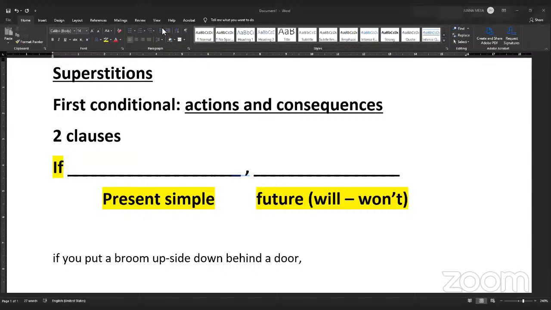Behind a door. If you put the broom upside down behind the door, this is the action. What is the consequence for this action? I don't know, mister.